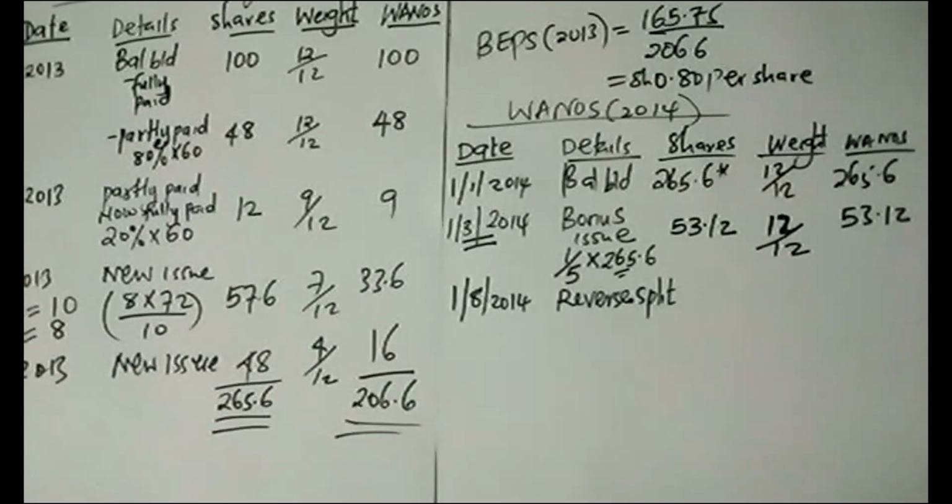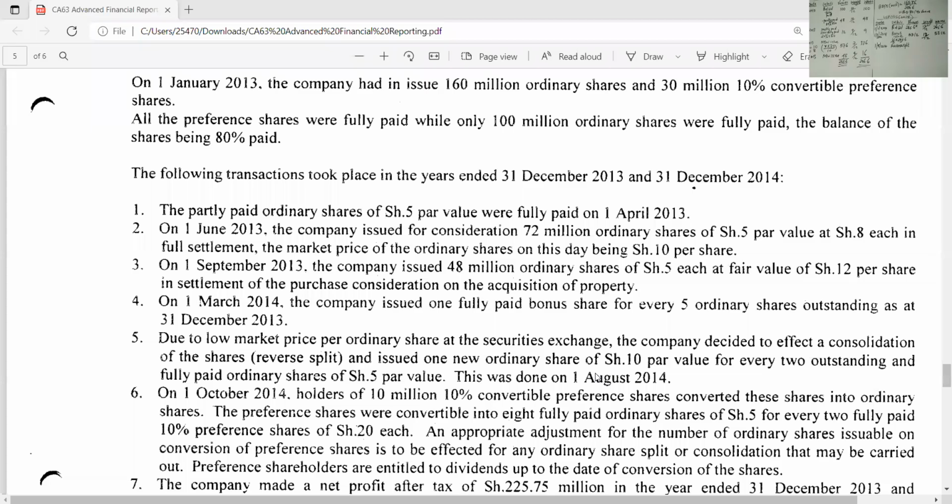If we do a reverse split, they will be trading at shillings 10, so for every 2 you consolidate, so that it starts trading at a higher price. A reverse split is the opposite of a split. For a reverse split, the shares were trading at a lower price, so we need to make them expensive. For a share split, the shares were expensive, so we need to make them cheaper.